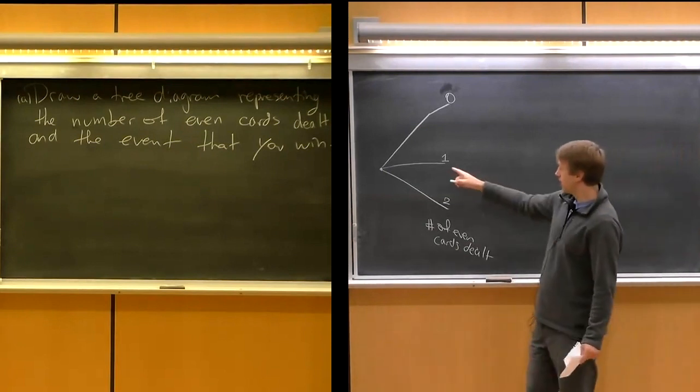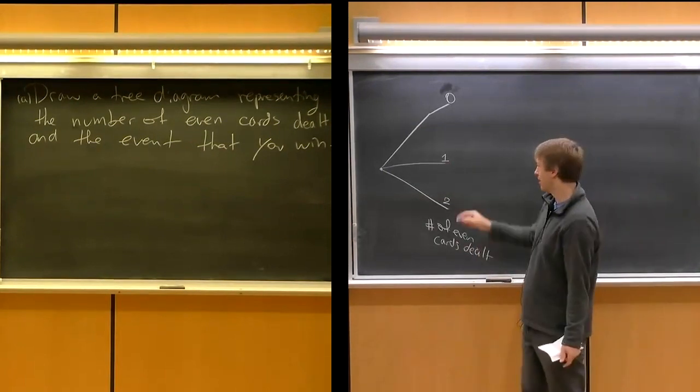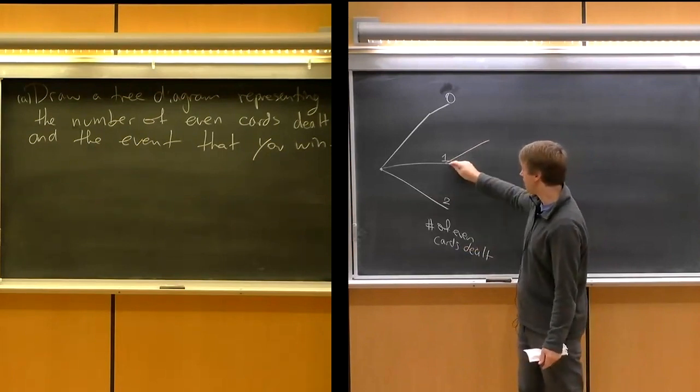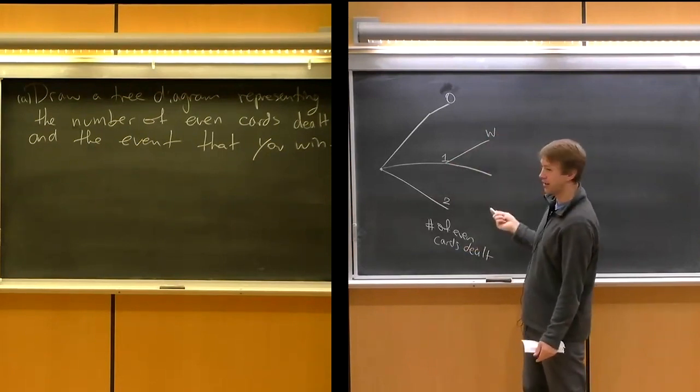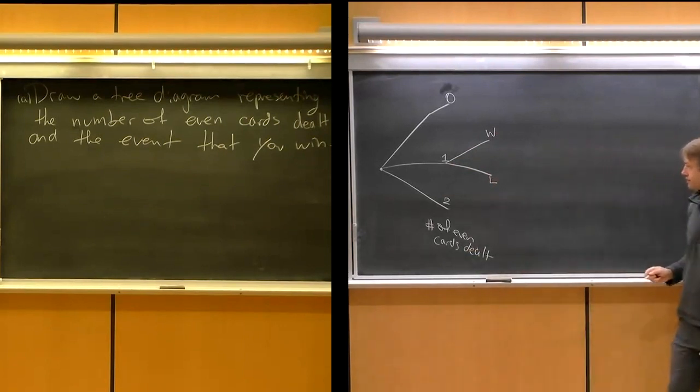So if one of the two cards is even, then there's two possibilities. You can either win if you pick the right one, or you can lose. However, if I deal you two cards and none of them are even, you don't really have much of a chance, right?